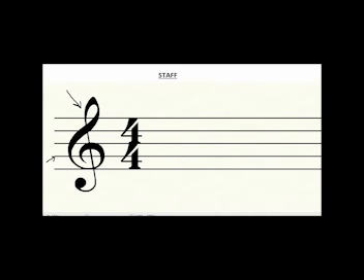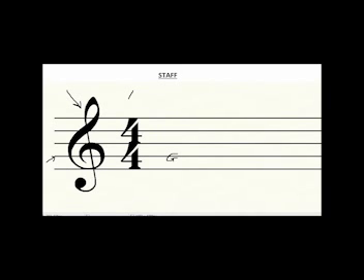And this second line is line G. And as I said, we use the alphabet from A to G. So when you get to G, you don't go to H, you come back to what?